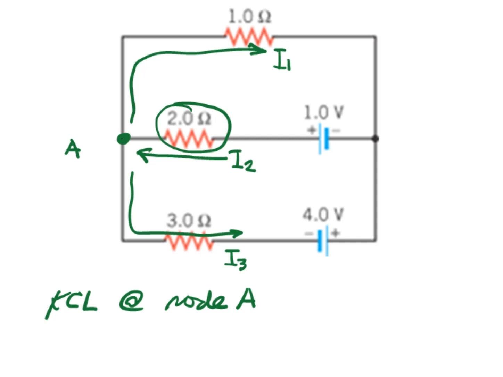So for I2, let us assume that this is positive and this is negative. Here the current enters and here it leaves, at the negative. For I1, the current enters here, so this is positive, and it leaves here, so this is negative.